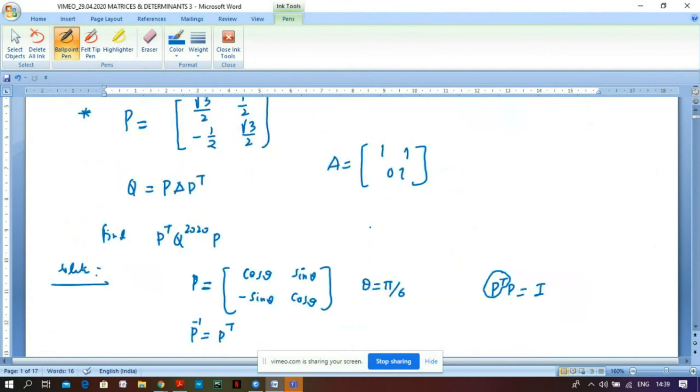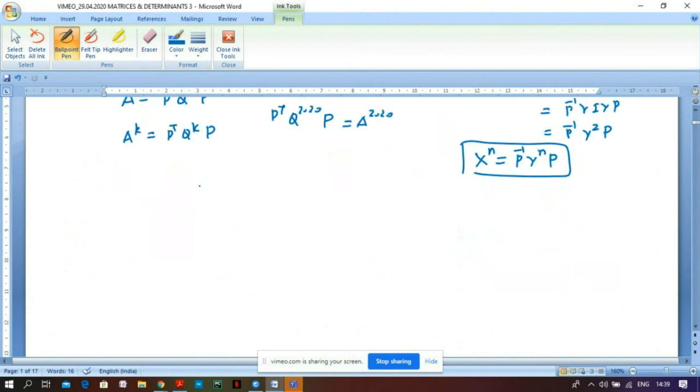Matrix A is given. A is 1 0 1 1. That's a good matrix. Again, we used it in one of the examples that if A is 1 0 1 1, then you know that A to the power n equals 1 0 n 1. Here already you have got this kind of thing. So you will of course have, this is 1, so you have A to the power 2020.